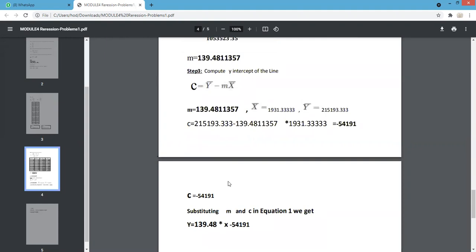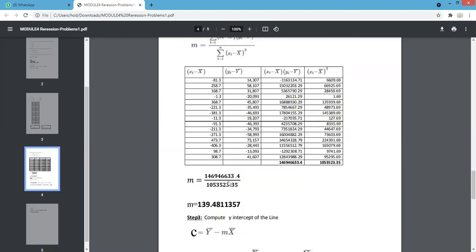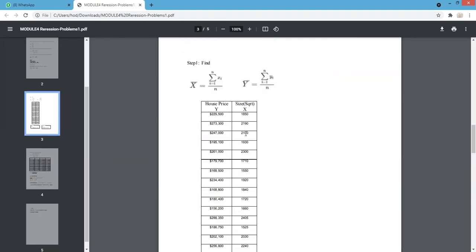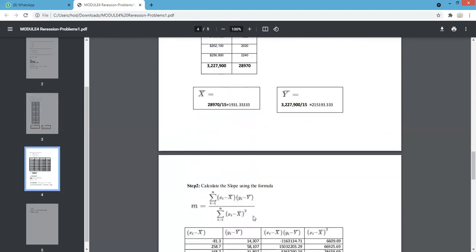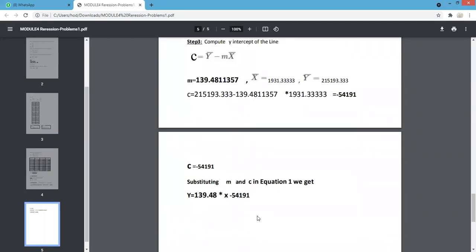Can you calculate and tell me? There is no 2000 value here, no? So what will be the house price when I give size 2000? Can anybody calculate it? Calculate and tell.